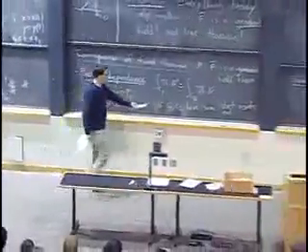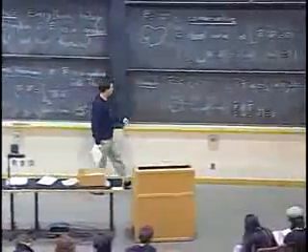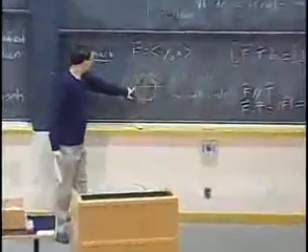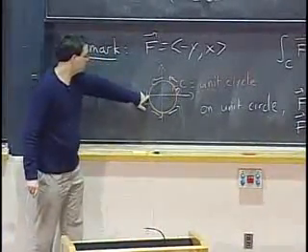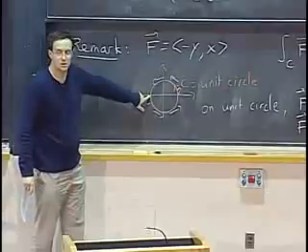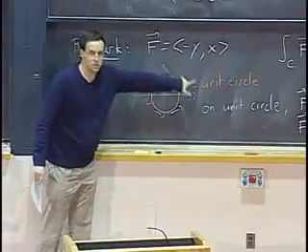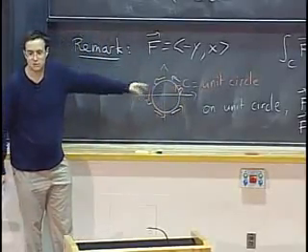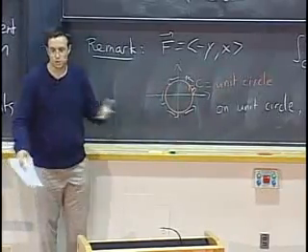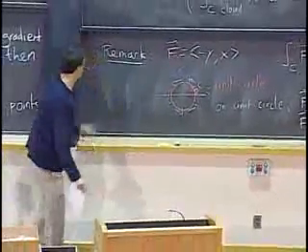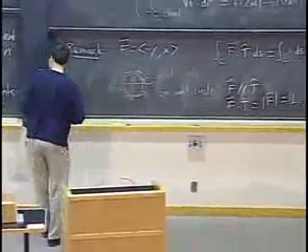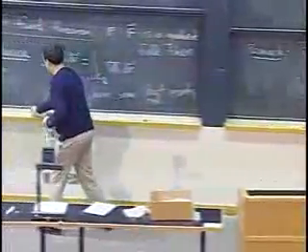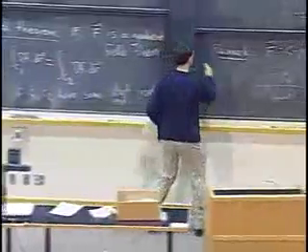It's not path independent either, by the way, because if I go from here to here along the upper half circle or along the lower half circle, in one case I will get pi. In the other case, I will get negative pi. I don't get the same answer. And so on and so on. It just fails to have all of these properties. So maybe I will write that down.